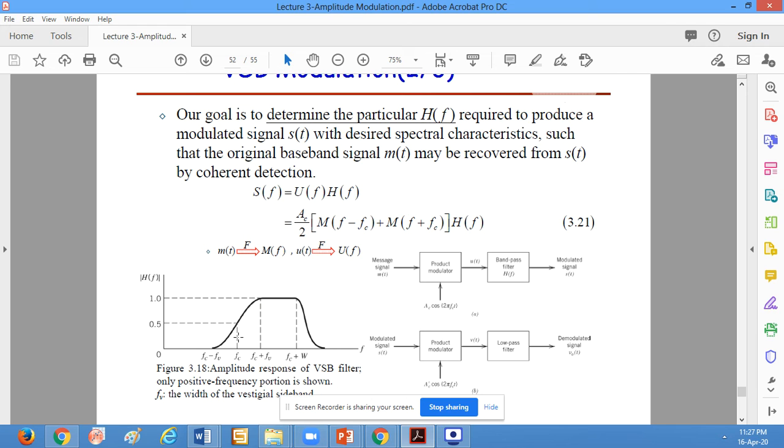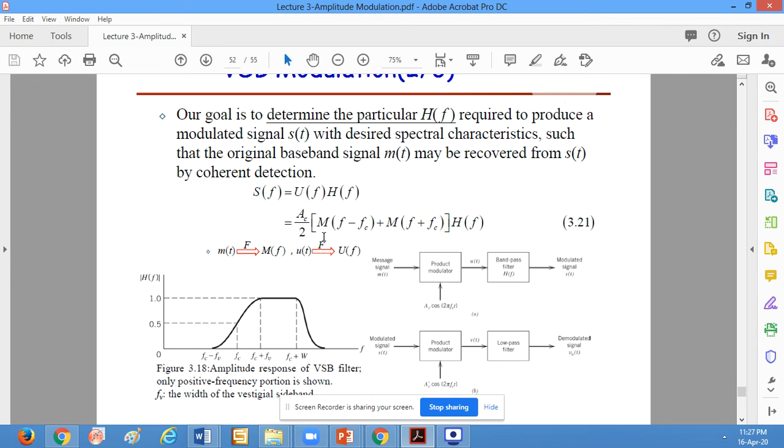This part is the part of the other sideband. We have taken only the positive frequency response here. fv is the width of the vestigial sideband, or the part of the other sideband that we add with the single sideband. So the frequency response S(f) is the combination of U(f) into H(f).